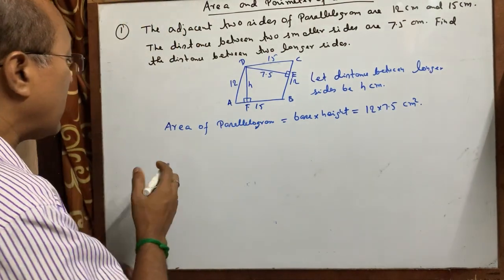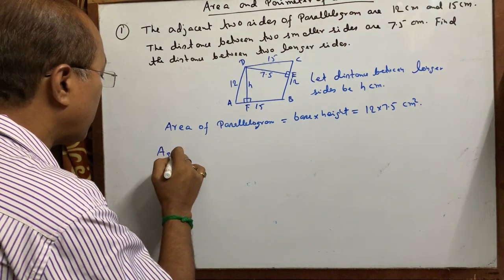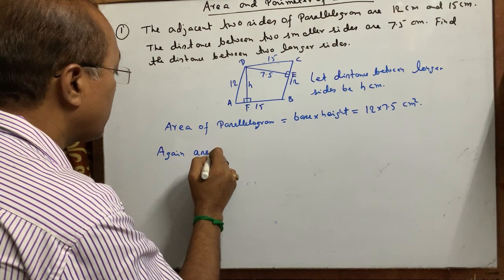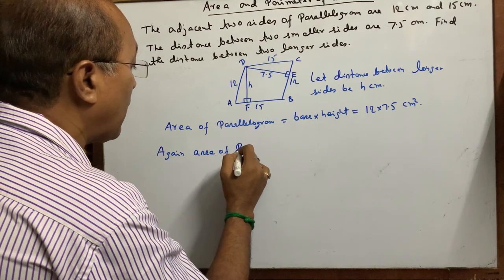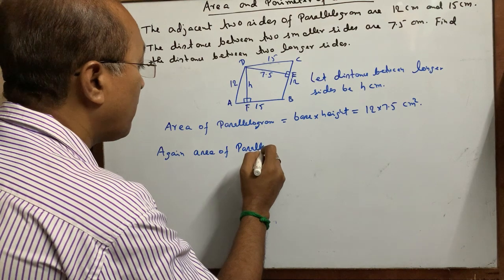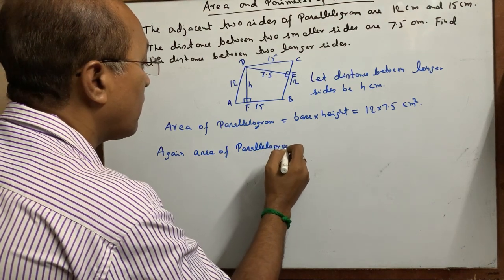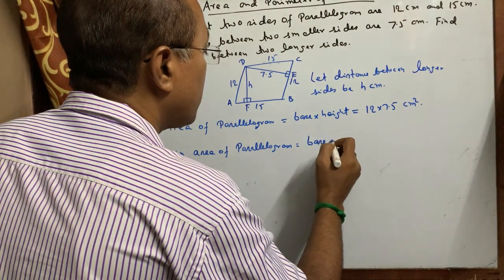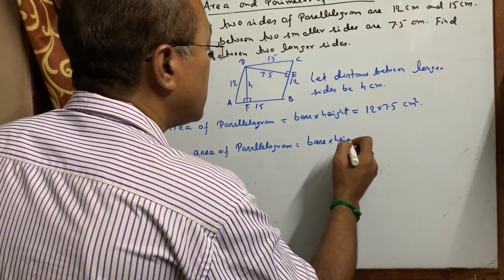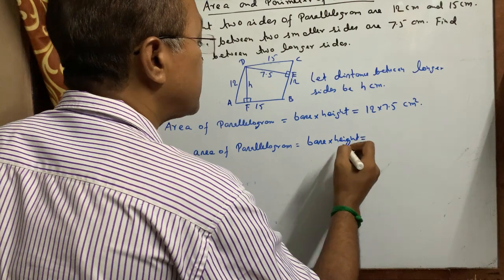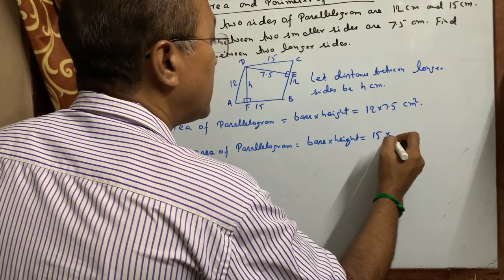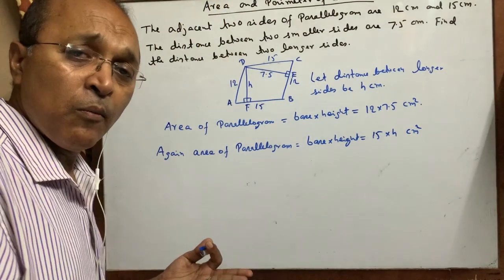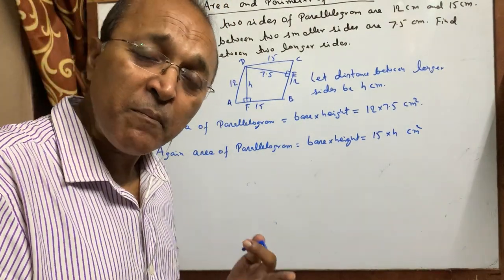Again, area of parallelogram is equal to base into height, but this time base is 15, height is h square centimeter, both being the area of the same parallelogram.